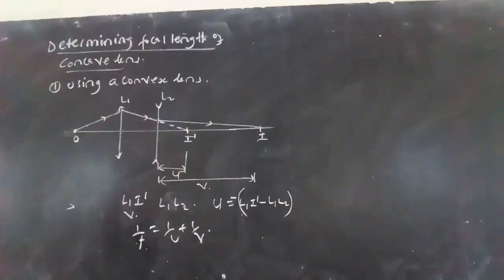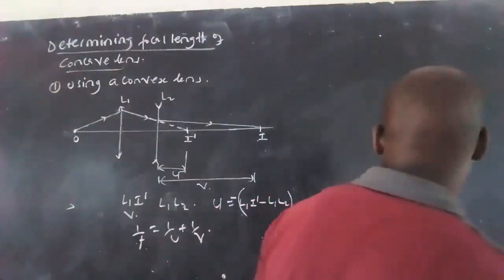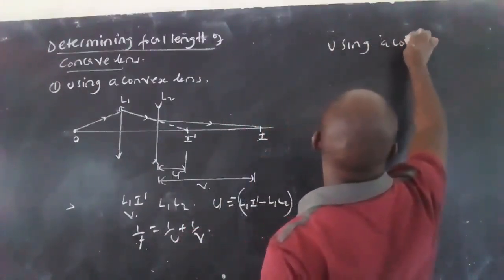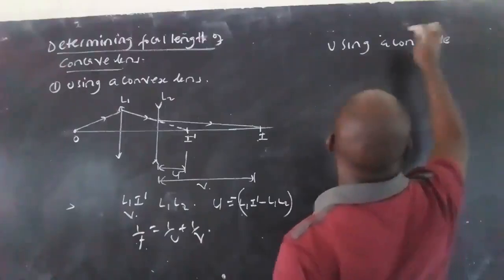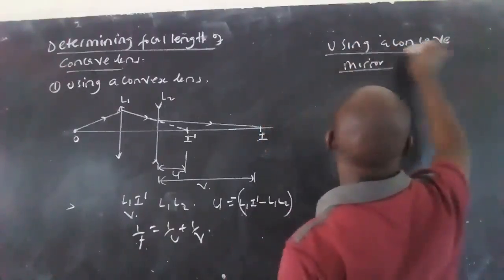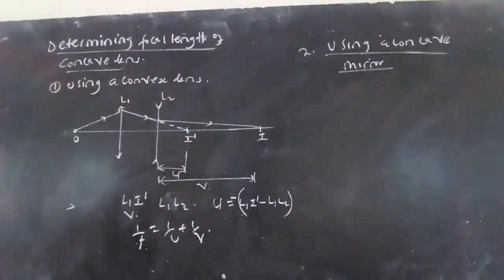Then the next method, method 2, using a concave mirror. So using a concave mirror, how do you draw that one?